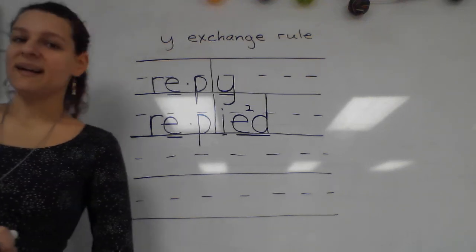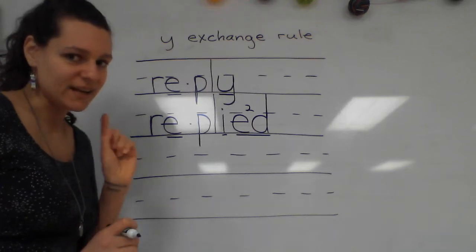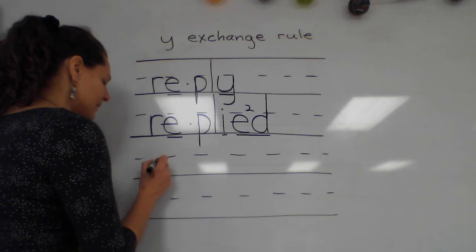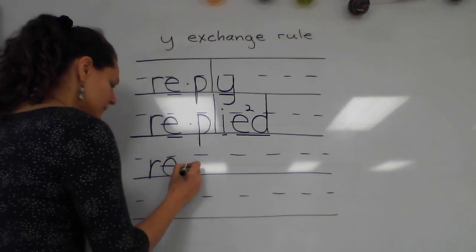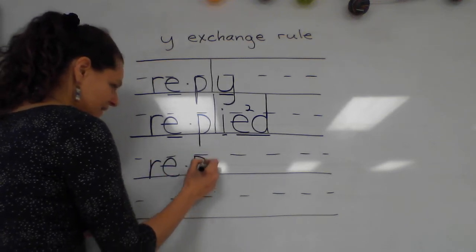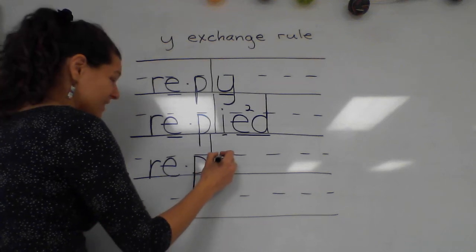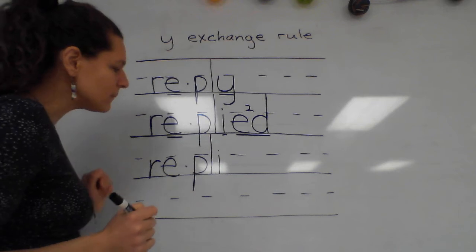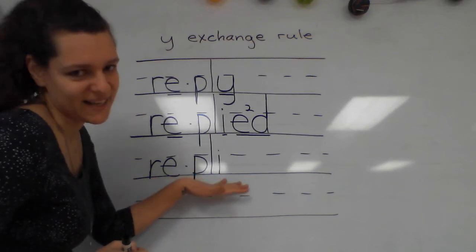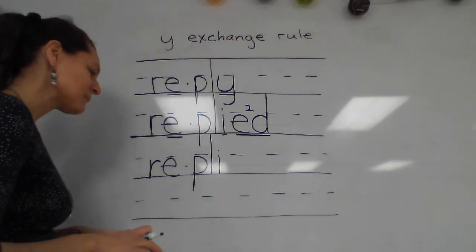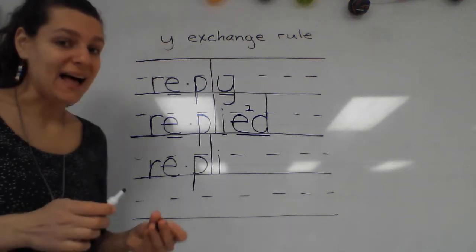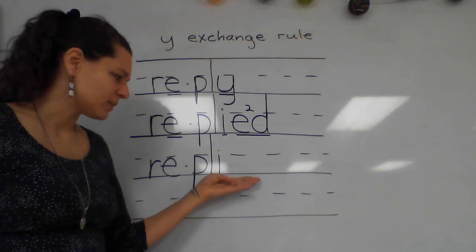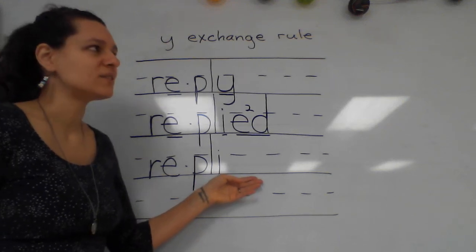All right, pause the video if you're not finished. So what we have so far is reply. It's okay that there's an I at the end. We actually need an I at the end because we need to do our Y exchange rule because our word isn't finished yet. All right, replies. Class, what sound do we hear after? What sound would we need to add to reply to make it into replies?